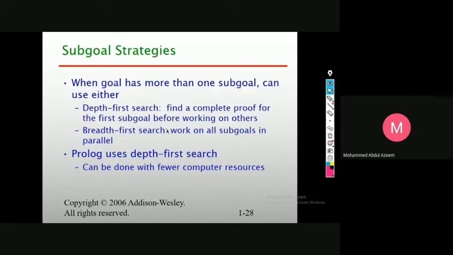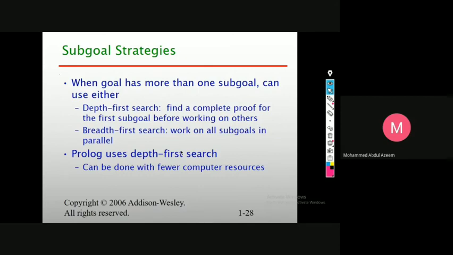The sub-goal strategy: when a goal has more than one sub-goal, you can use either depth first search, finding a complete proof for the first sub-goal before working on others, or breadth first search, working on all sub-goals in parallel. But here Prolog uses depth first search. I hope you have studied breadth first search and depth first search in data structures. In breadth first search, you explore all the child nodes of a node before you reach the goal node.